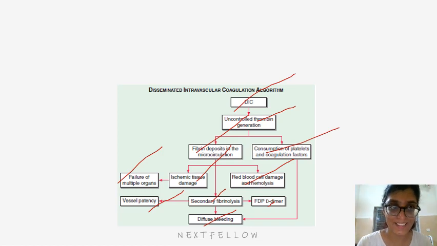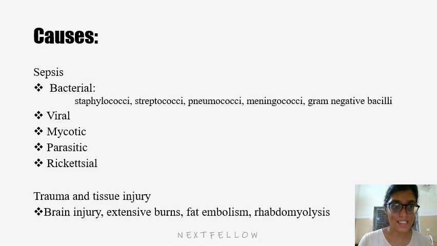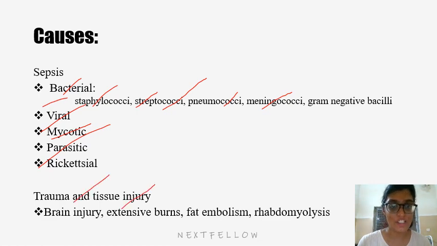bleeding. The causes of DIC are bacterial infections, such as staphylococci, streptococci, pneumococci, meningococci, and gram-negative bacilli, as well as viral, mycotic, parasitic, and rickettsial organisms. Trauma and tissue injury lead to brain injury, extensive burns, fat embolism, and rhabdomyolysis.